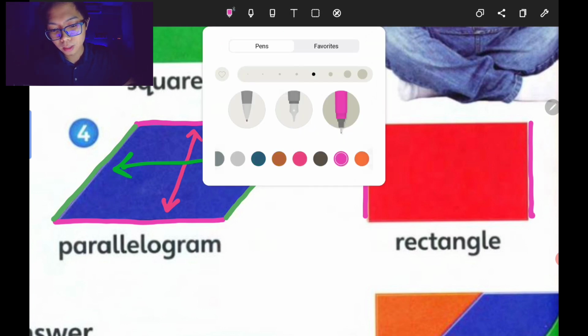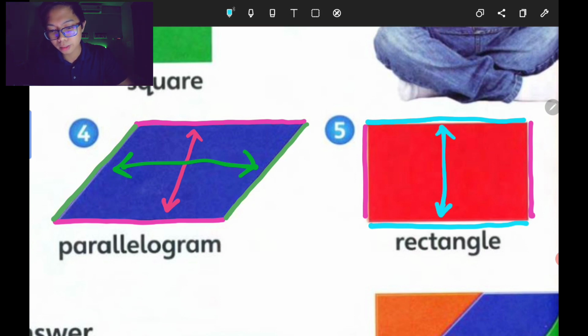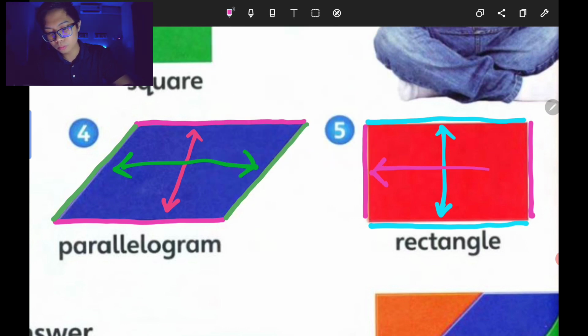They have the same length. But on the top of here, which is longer, garisan panjang lebih panjang ini pun mesti sama. So they are the opposite line. Right here, same goes with the pink one. Okay, so it will be rectangle.